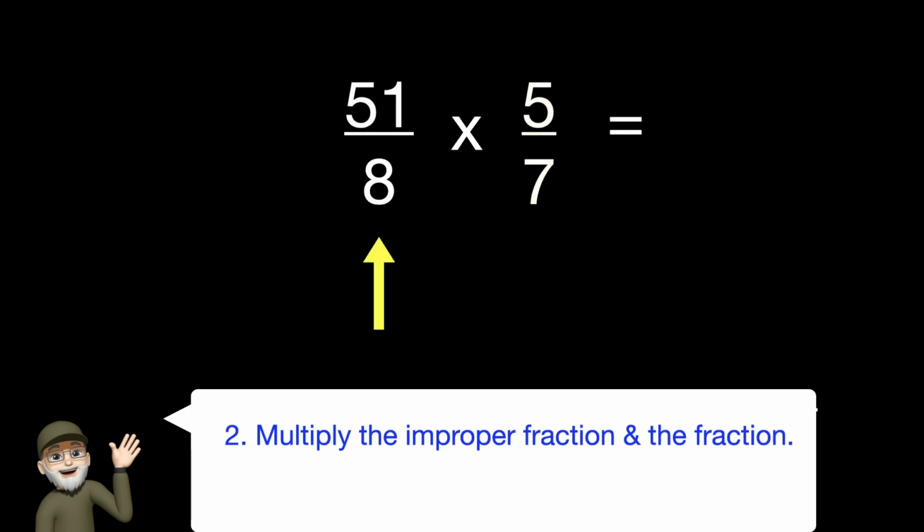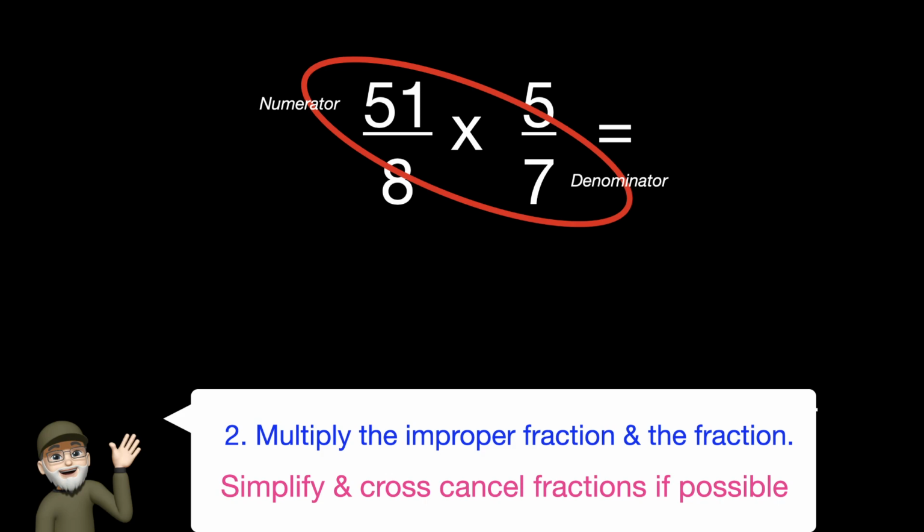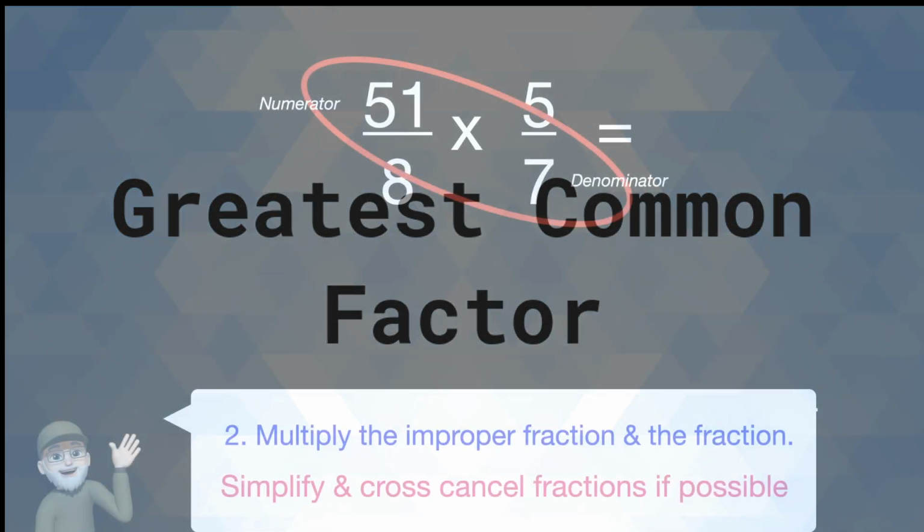Next, we multiply our improper fraction of 51 over 8 by our fraction of 5/7. First, we want to see if we can simplify those fractions by using a cross-canceling strategy. When we do that, we're using the opposite numerator and denominator. In this case, 51 and 7, we want to see if there is a greatest common factor.